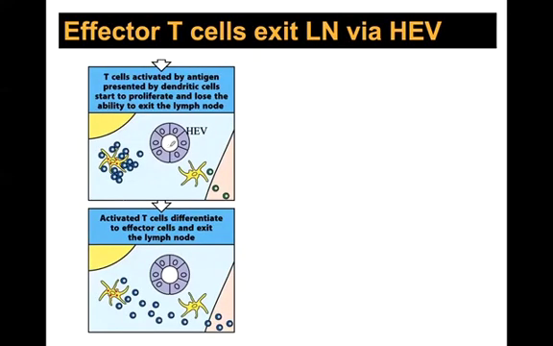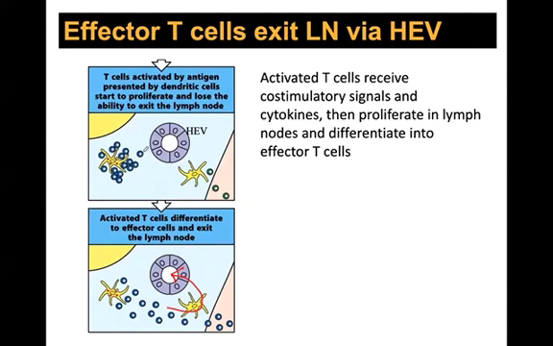Now what happens then is that you want these cells to exit immediately into the periphery. If they were to go through the medullary sinus, as this would indicate, that takes too long. And so instead, they're actually going out through the high endothelial venules. That's the direct path to the blood so they can get out and do their job the fastest.